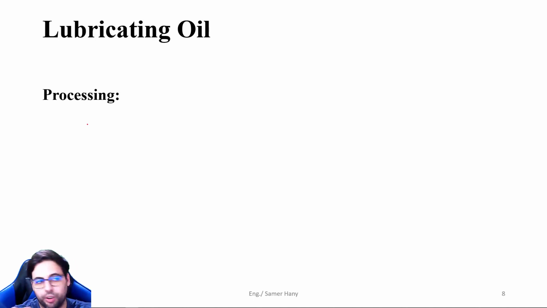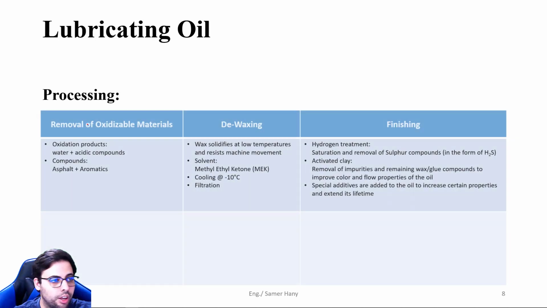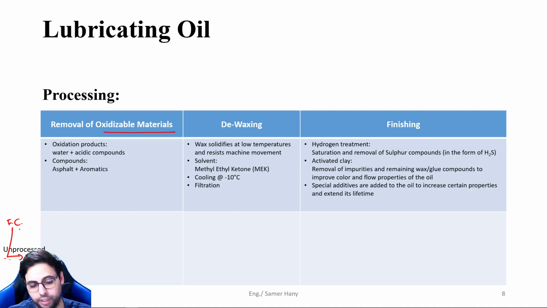So it goes into a processing procedure where we do three main steps, or three main processes. The first step would be to remove the oxidizable materials, and this is the unprocessed oil coming from the fractionation column. The unprocessed oil gets introduced into the first processing unit, which should remove the oxidizable materials.